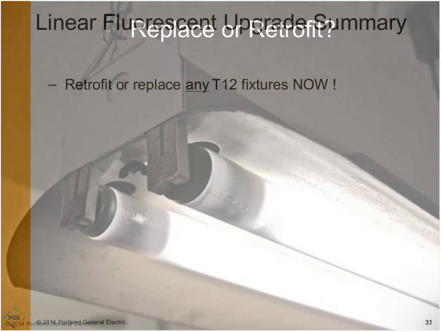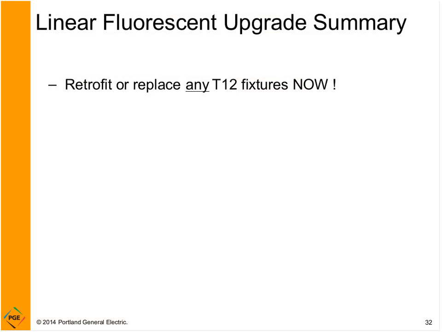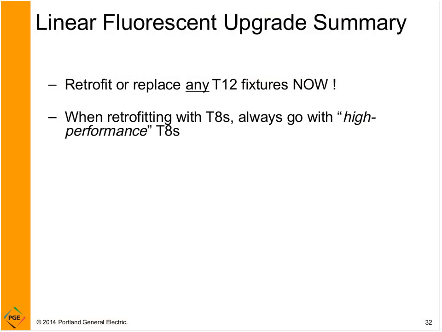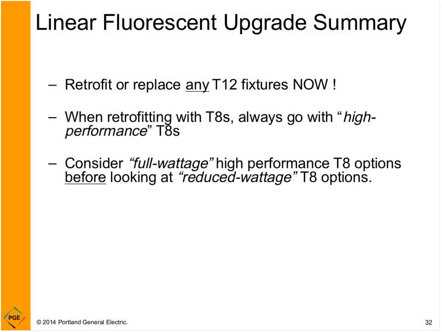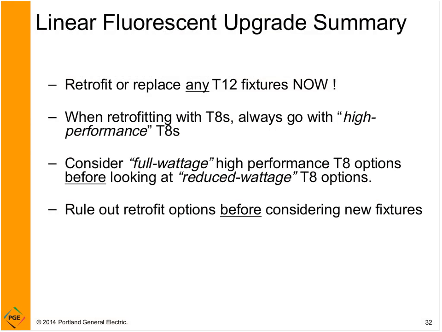Okay, to summarize what we've learned so far, if you don't know this already, any T12 fixtures, they've got to go. Always go with high performance with your T8s. Look at the full wattage before you look at the reduced wattage as your first choice. Rule out any retrofit options before you consider a new fixture.